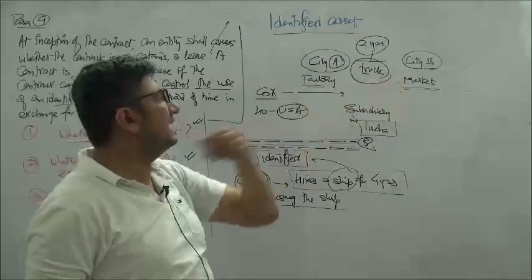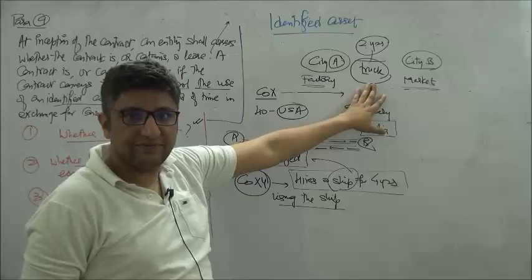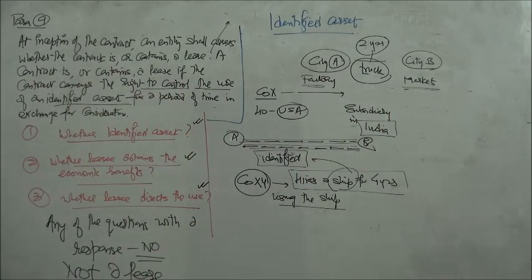So in this case, again, it could be an instance that the truck is an identified asset. Okay, but here we start arguing, here we start discussing whether it actually is an identified asset or not, right?